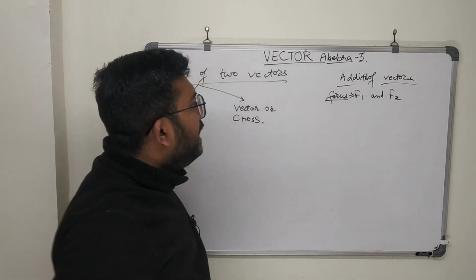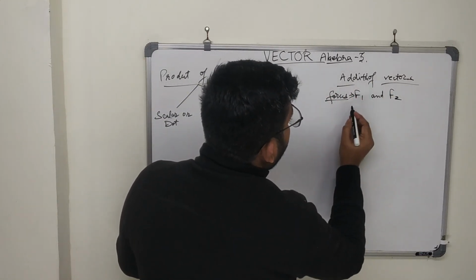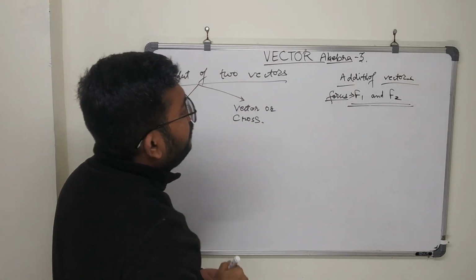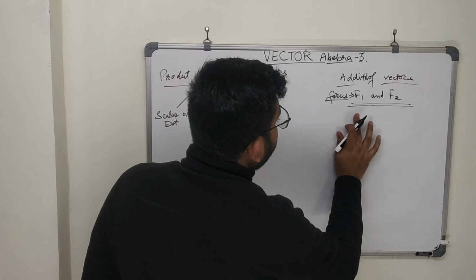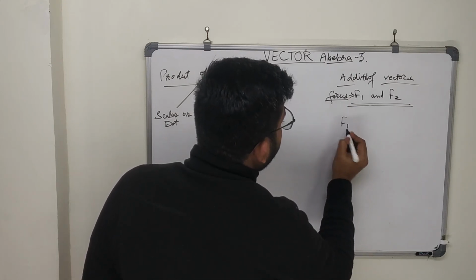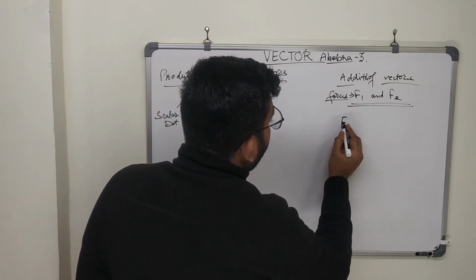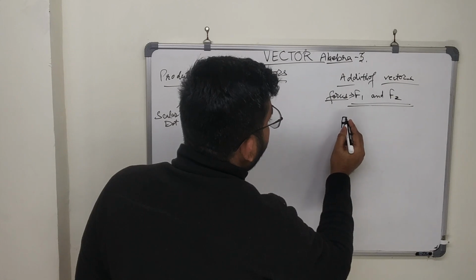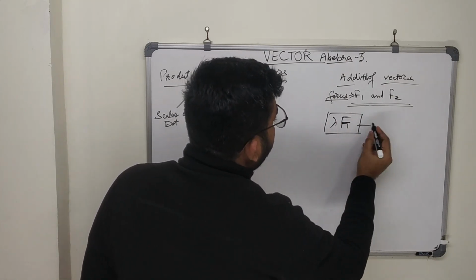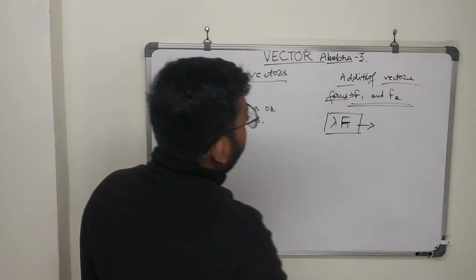In that case we have to follow the vector addition law to find the resultant of these forces. Similarly, if we are trying to multiply a force, suppose there is a force F1 and we are going to multiply this force by some scalar quantity or some other magnitude lambda. In that case we have to follow the multiplication of a vector by a scalar quantity.